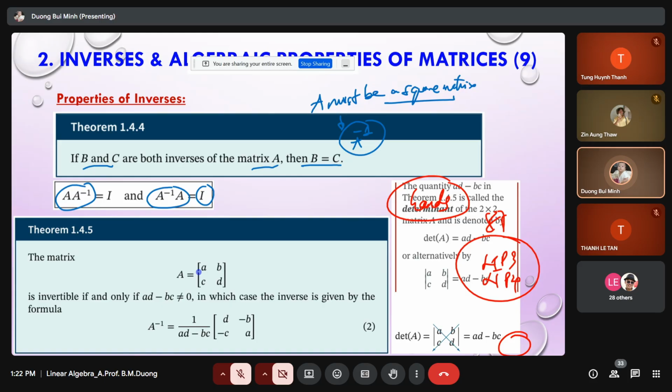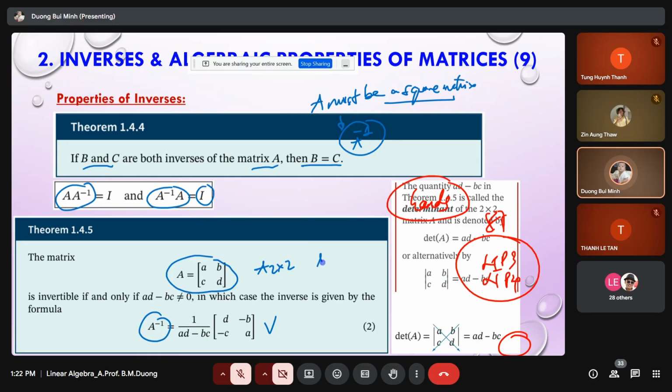So we have the matrix A, a square matrix, with entries A, B, C, D, that means 2 times 2. So we can get the inverse of A directly by using this formula.